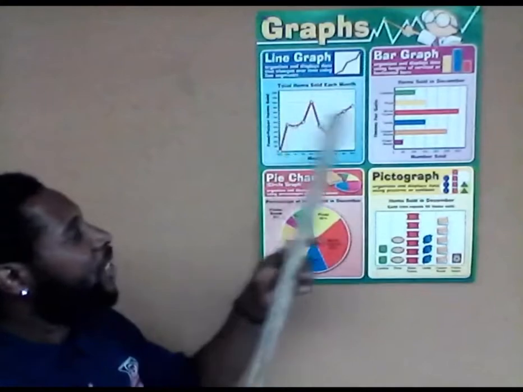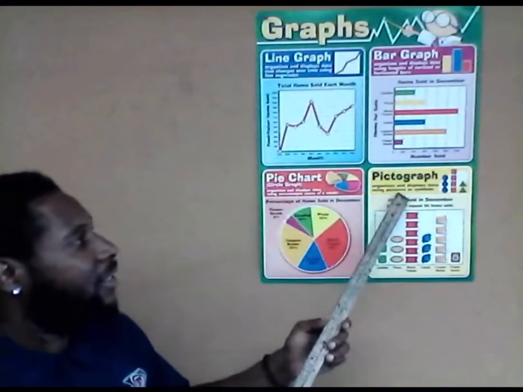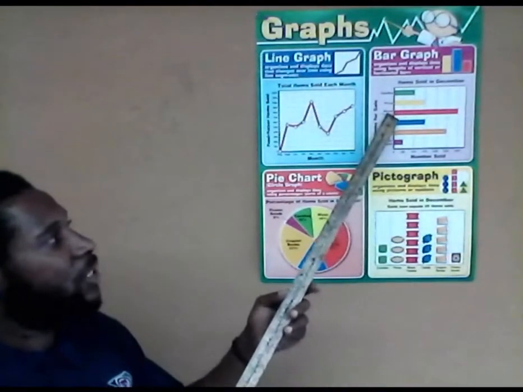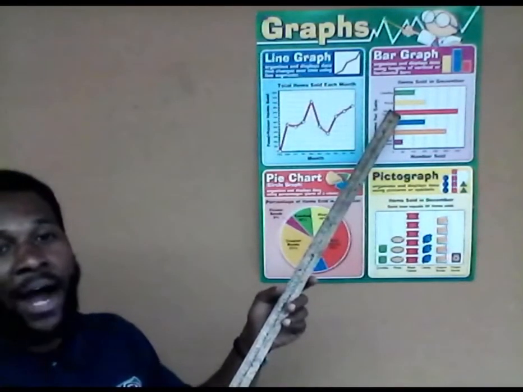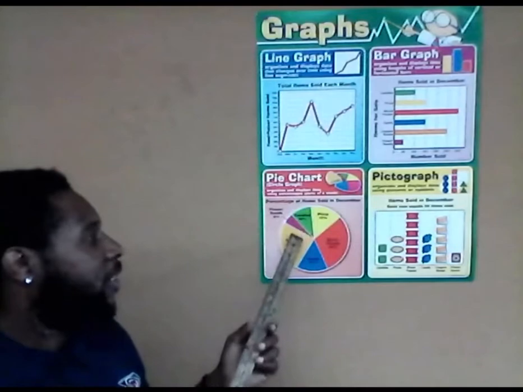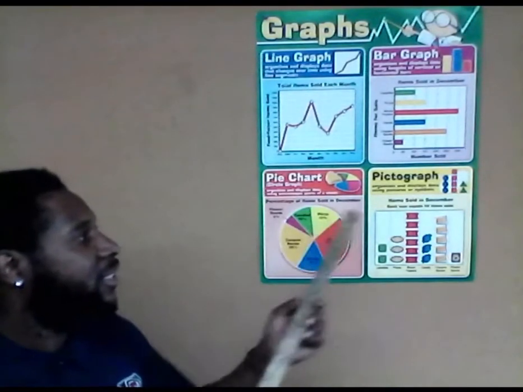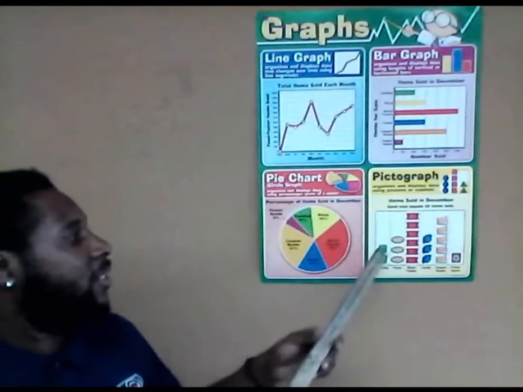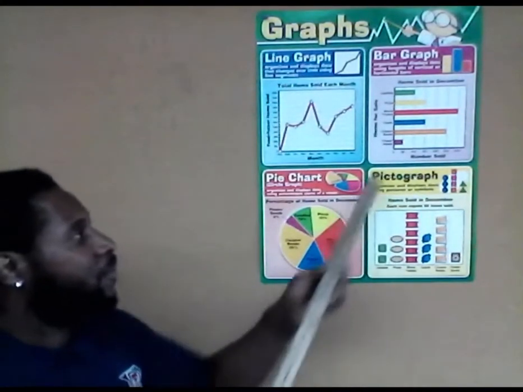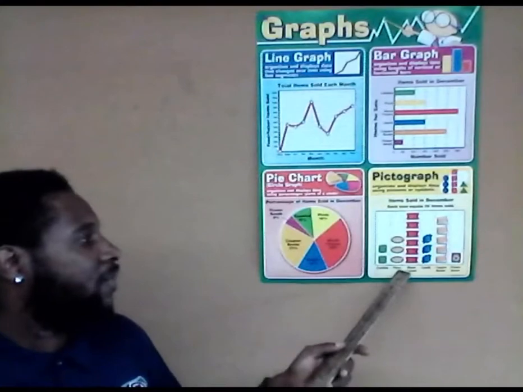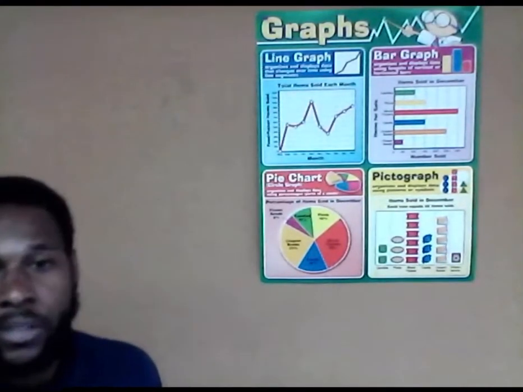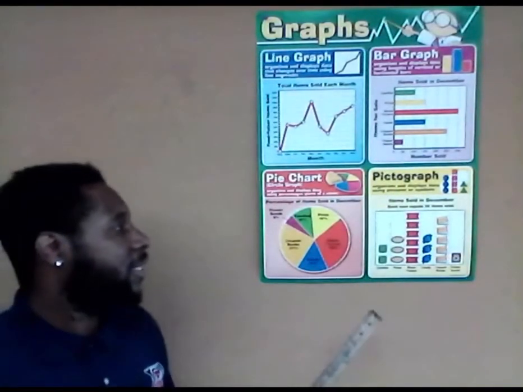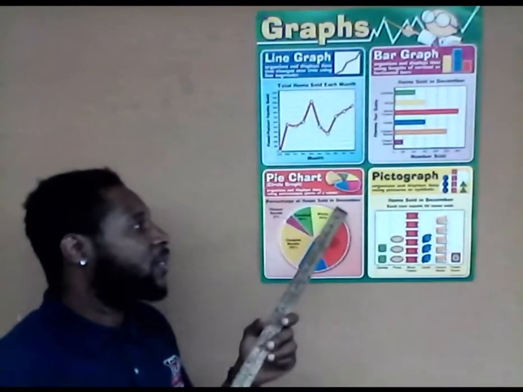When you have a way to represent the data, you need to have a way to interpret the data. And in this case, we're interpreting by numerical value. Over here, we're interpreting by percentages. Over here in a pictograph, it's a picture graph. So we're representing the same information, okay, but in the form of a picture. Now, the major difference between these 3 graphs here is that this deals with a single unit.